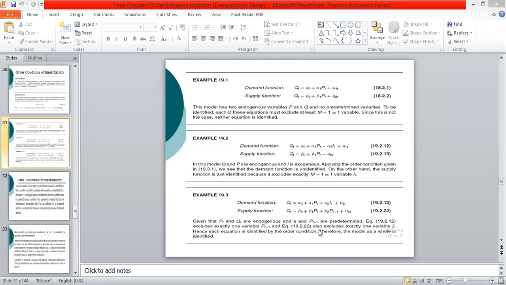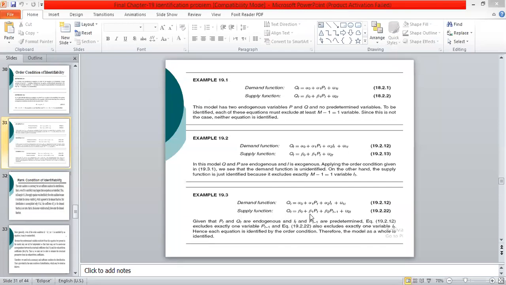It means for an equation to be identified, it must exclude at least m minus 1 variables. So the demand equation meets the condition, it excludes one variable, so it is exactly identified.